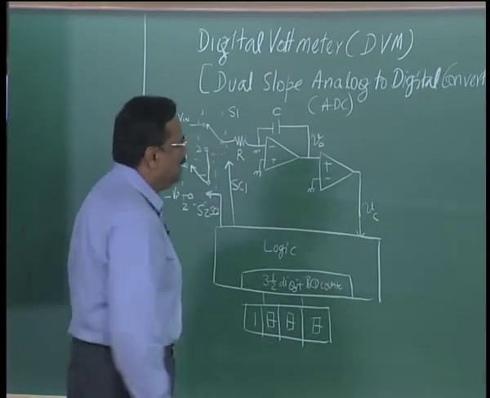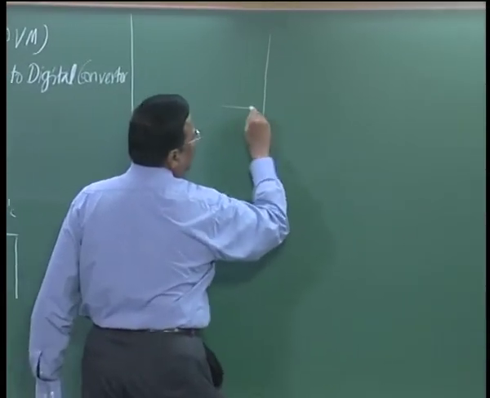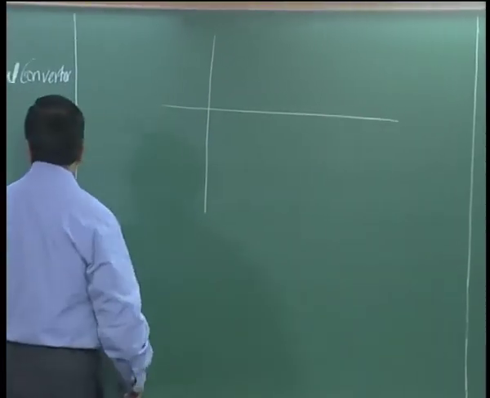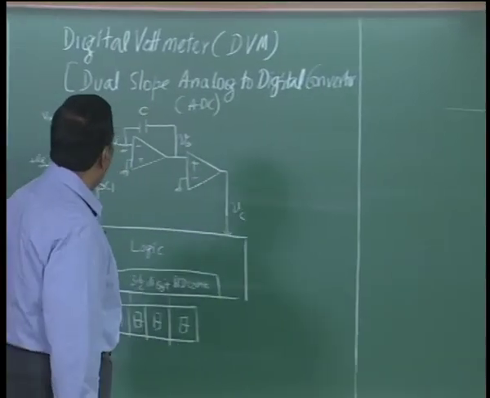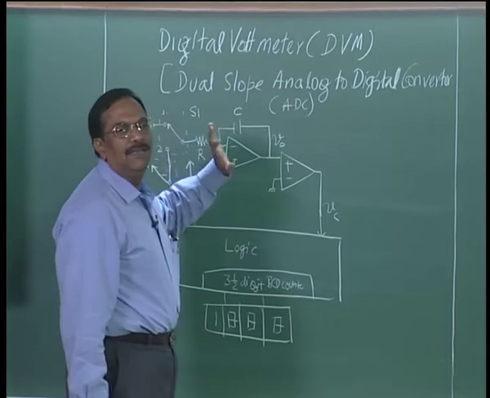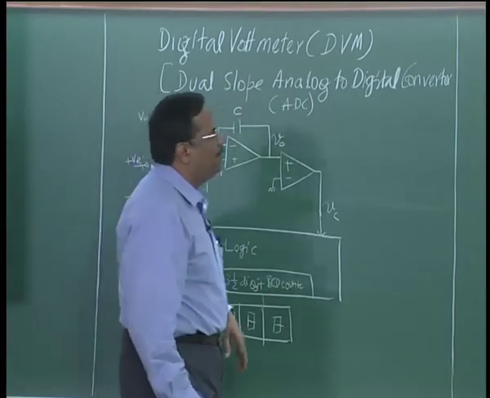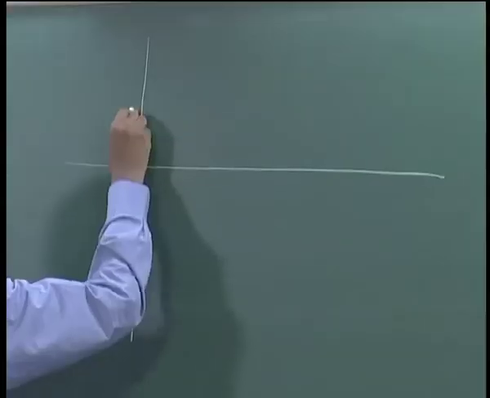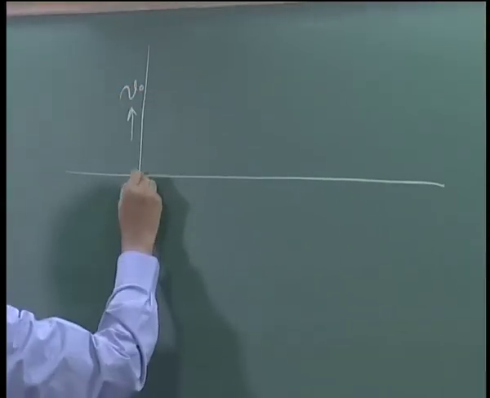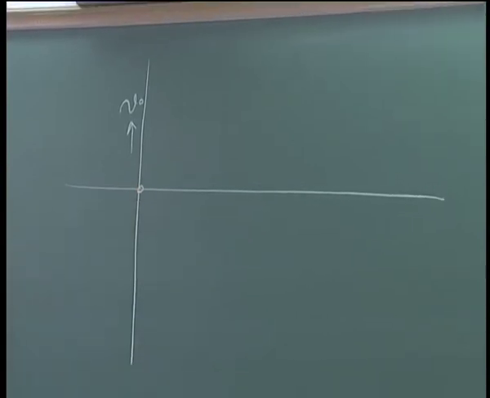So, we started looking at the conversion cycle. In the beginning, we assume that the voltage across the capacitor is 0, hence V naught is 0. So, if I look at the starting point, that is the start point, V naught equal to 0.